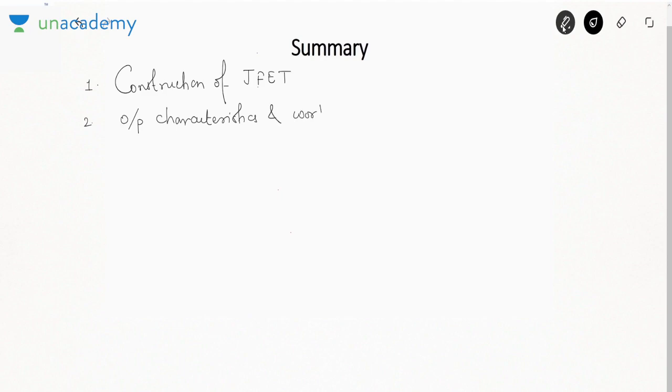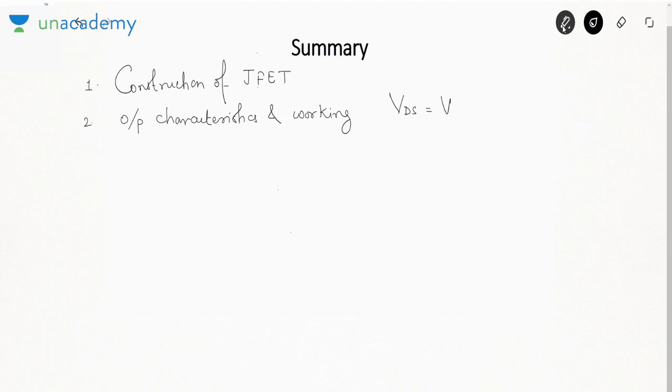So if I summarize what we have covered in this lecture, we first have seen the construction of JFET. Then I told you about output characteristics and working. In working, I have told you two things.